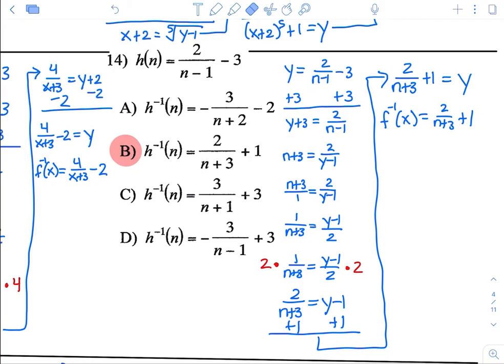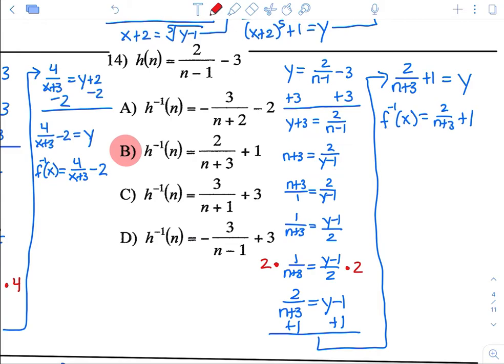Why did I do it later? Anyways, initially you should have just switched these automatically, which I did later for some strange reason, but I added 3 to both sides. And then from here, that's when I decided to switch. I suggest you always switch first. I don't know why I did that there. So anyways, switch the variables and add 3, and you should get to this point.